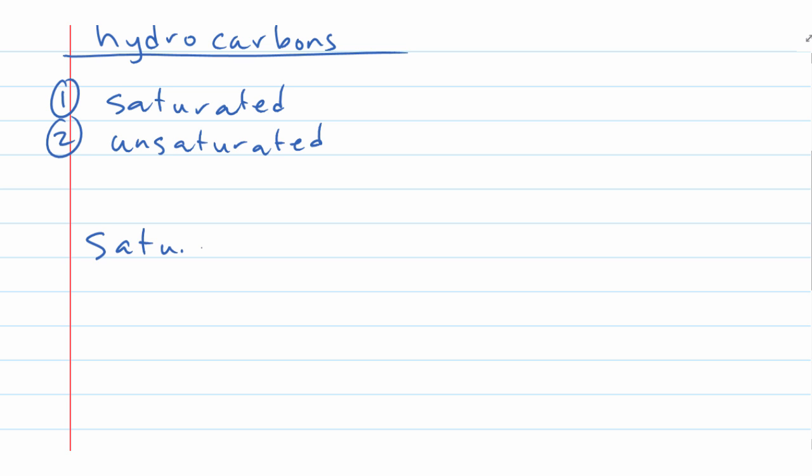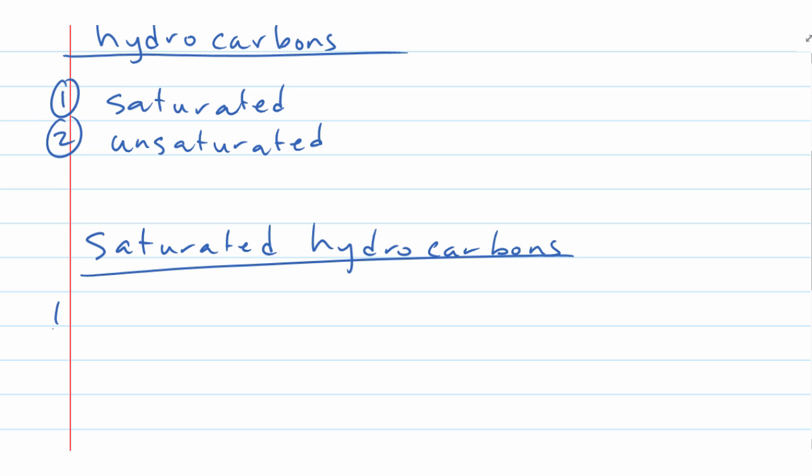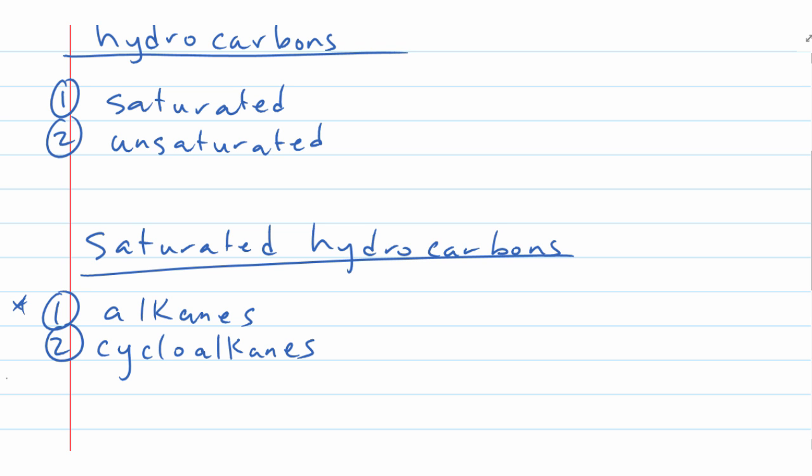First of all, saturated hydrocarbons contain two categories: the alkanes and the cycloalkanes. We are only going to be responsible for the alkanes, simply because we only have 3 class periods devoted to it.